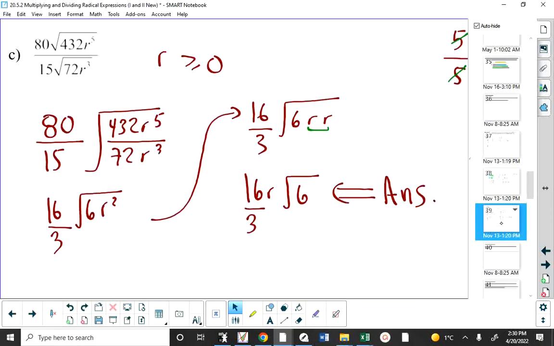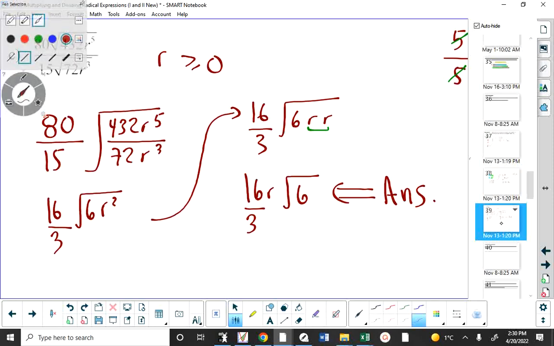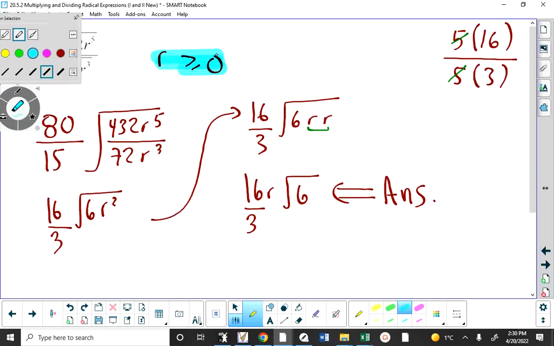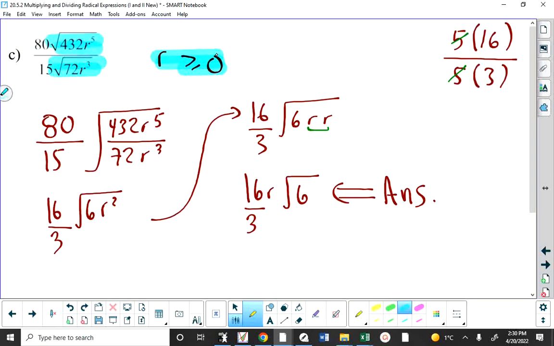Not there. Right here. This is a question from tomorrow, so don't worry about what the math is because you don't know how to do it yet. All this stuff that's written below we'll talk about tomorrow. But I want you to focus on this statement, and I want you to look at this expression.